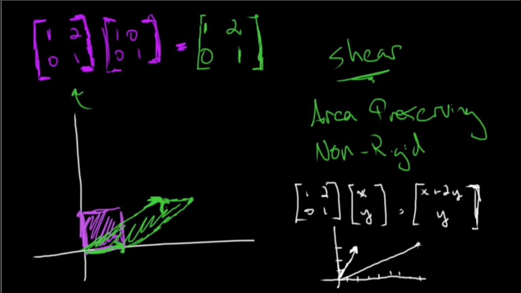That is what a shear is doing to a single vector. But when we look at the matrix 1, 2, 0, 1, we say it's a shear, and it's changing the unit square to become this parallelogram with equal area. All right, so this whole time we've been looking at, given a matrix, what does it do to an arbitrary vector? Let's look at an arbitrary matrix. What does an arbitrary matrix do?